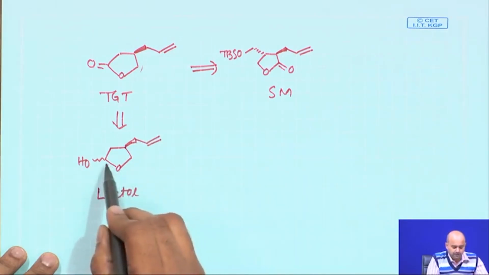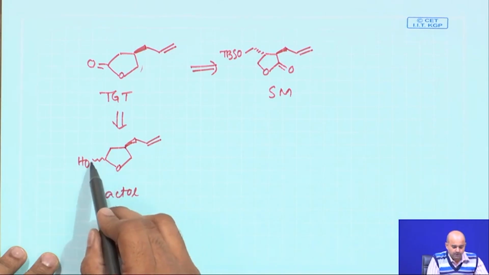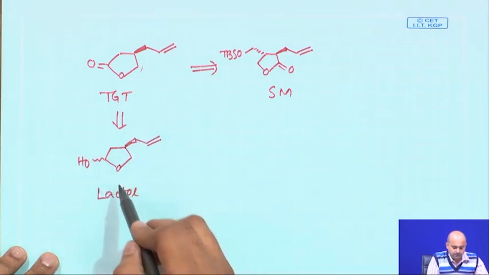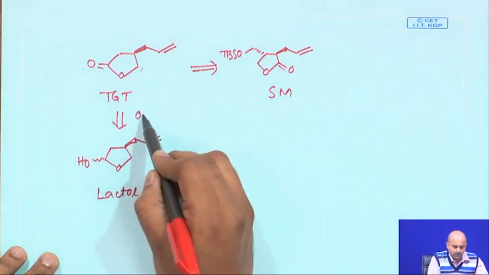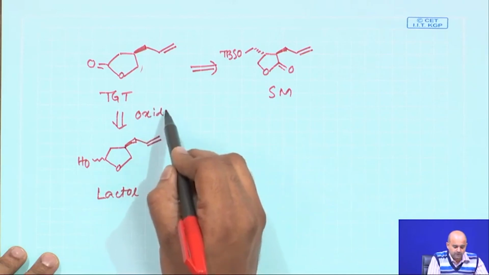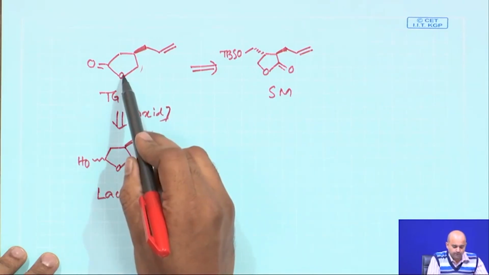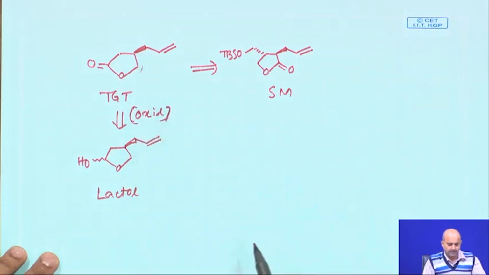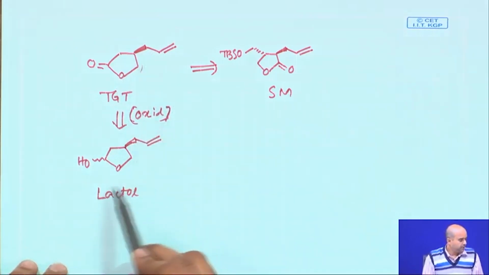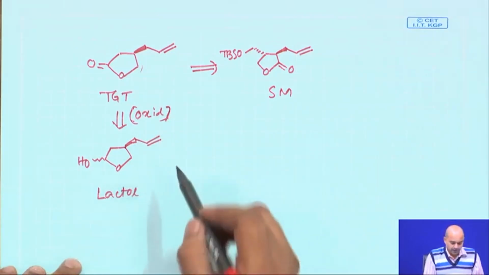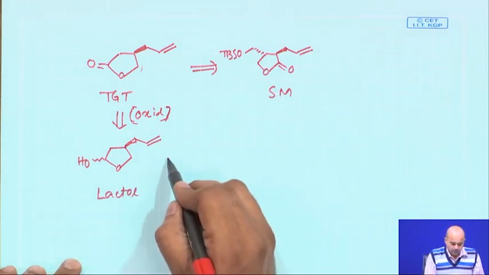Now, this is a hemiacetal where you have a secondary hydroxy group. So, if you have this intermediate, you do a simple oxidation here to give you the lactone with this required allyl appendage. Now, this lactol you need to construct: how is this lactol correlated with your starting material?